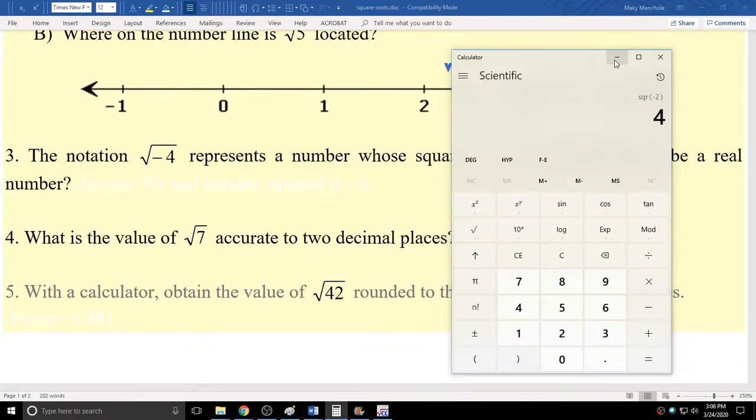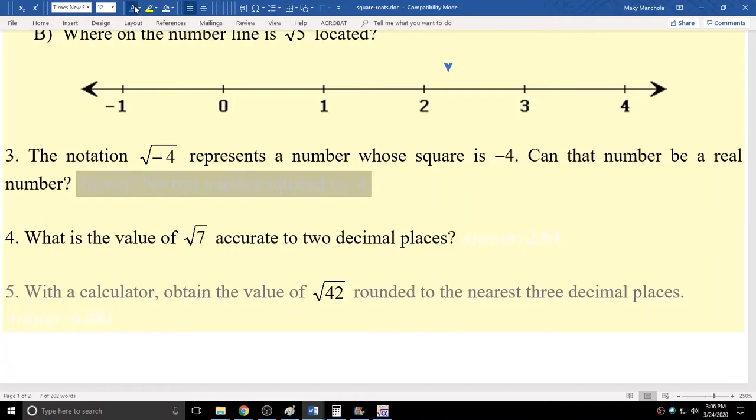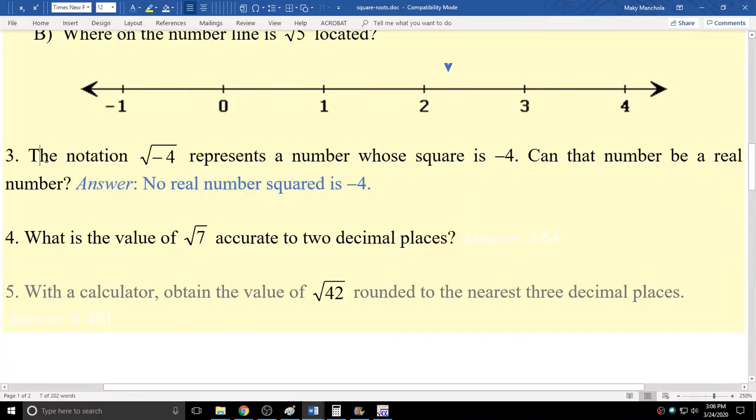So is the square root of negative 4 negative 2? The answer is no, because when you take negative 2 and square it, you get positive 4. What you end up concluding at this point is that the square root of negative 4 is not going to be positive, it's not going to be negative, it's not going to be 0. The fact is, no real number squared is negative 4.